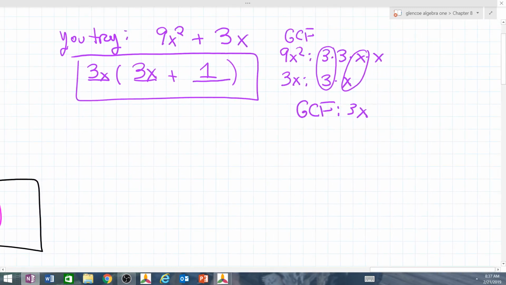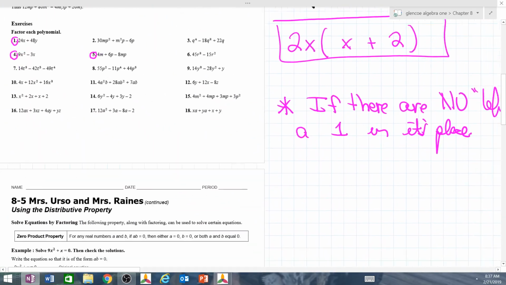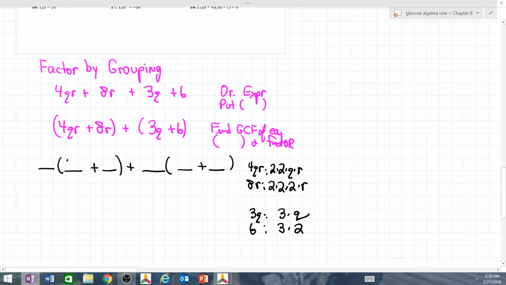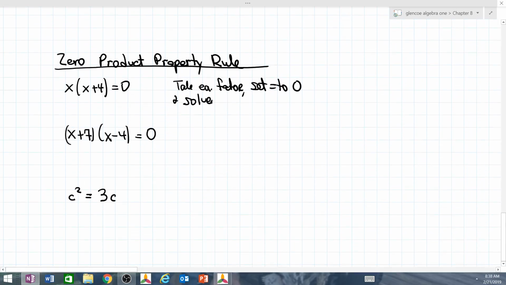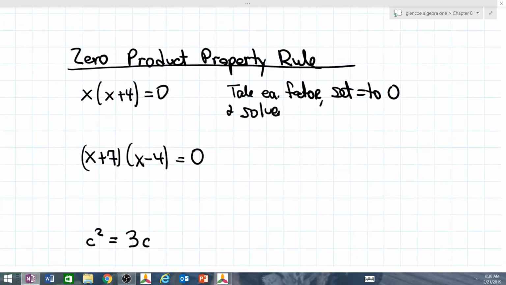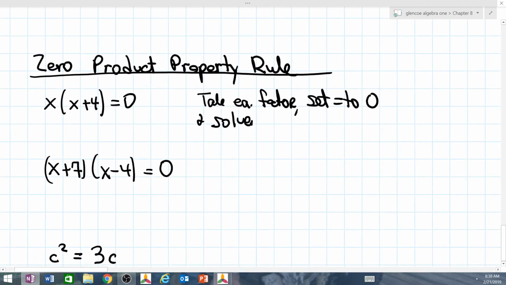Okay, I am going to take it one step further. So let's just go back here. I do want to spend a little bit of time on what we call, I'm going to save the other factoring by grouping for tomorrow, but I want to spend a little bit of time on what is called the zero product property rule.